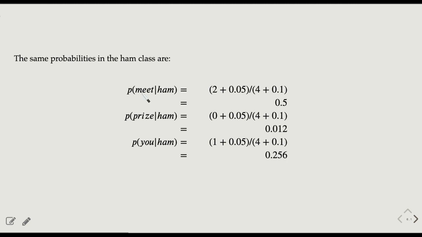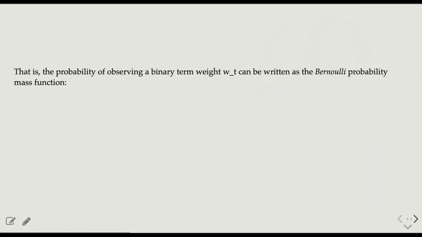We can calculate, given a ham email, how likely you are going to see the term meet. And here you're seeing a bigger probability value for meet, and then a lower probability value for price in the ham class, in the regular email collection. So we can estimate these probabilities.